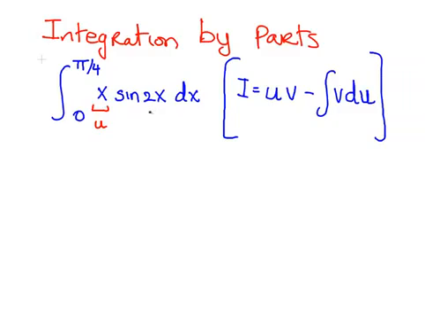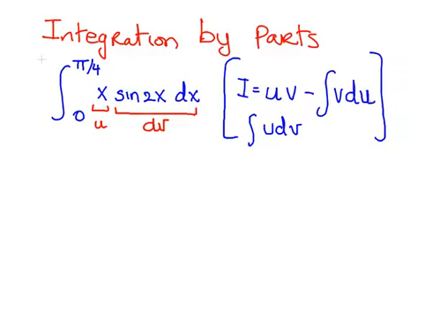And we are going to have to identify dv. Actually, just as a remark, when the integral is in that form, it's the integral of u dv, and the solution is uv minus the integral of v du.